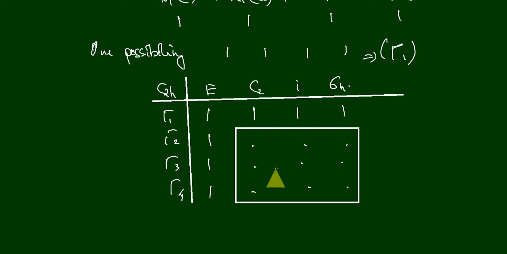And now we know that all these are one-dimensional representations. And in the case of a one-dimensional representation, the character cannot be 0. But that is not true for the higher dimensional representation.